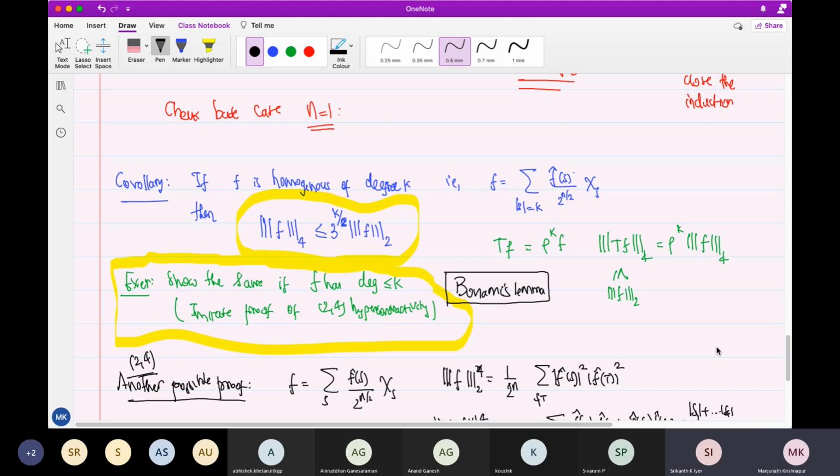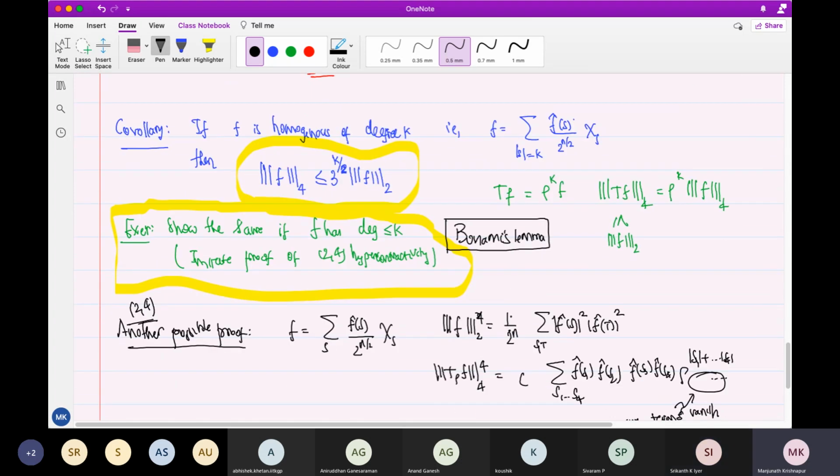If anyone has seen Bonami-Beckner before, it's pretty much the same thing. Maybe there is a slightly more general point, but he calls that Bonami's lemma as well. Anyway, this is the exercise we are going to use: if f has degree at most k, then the L4 norm of f is bounded by the L2 norm of f times 3 to the power k by 2.